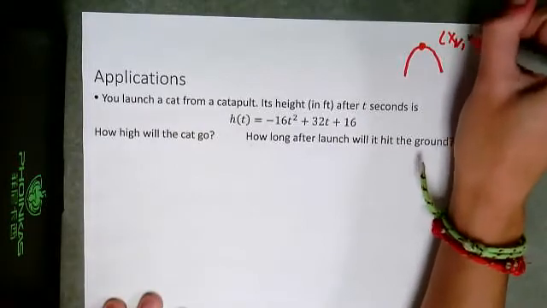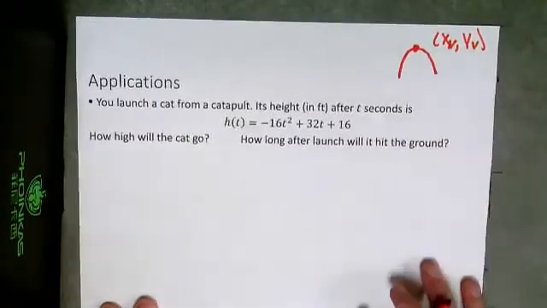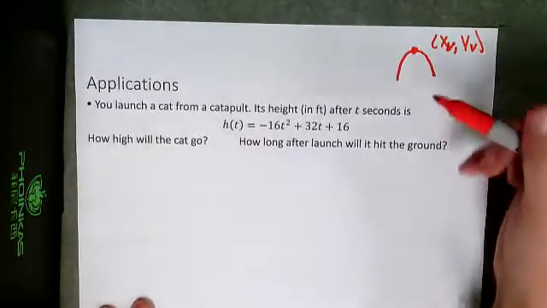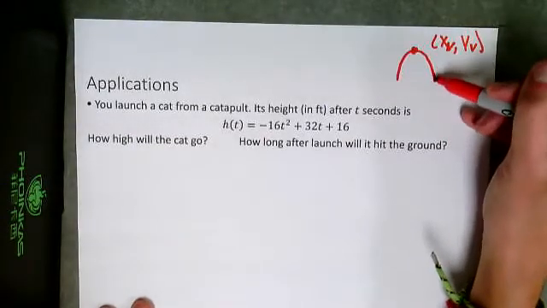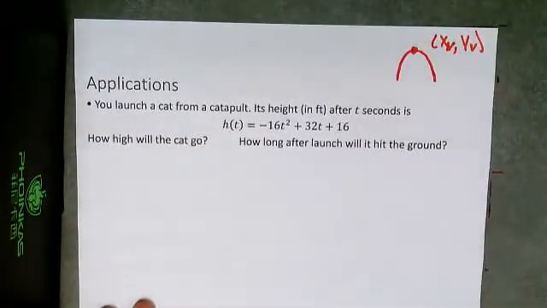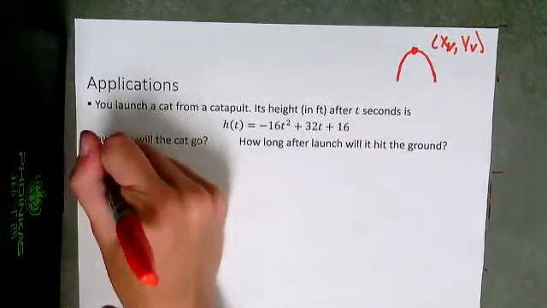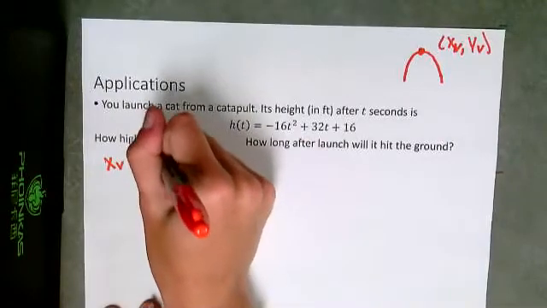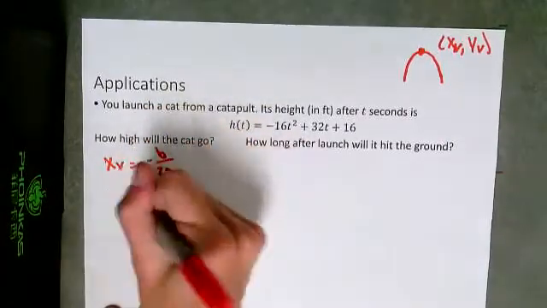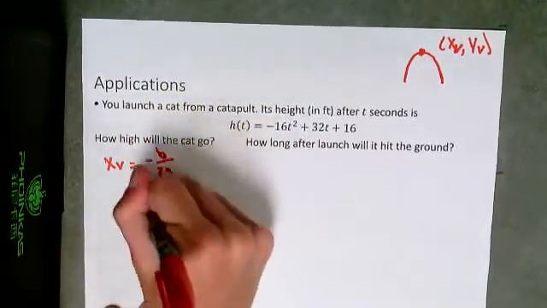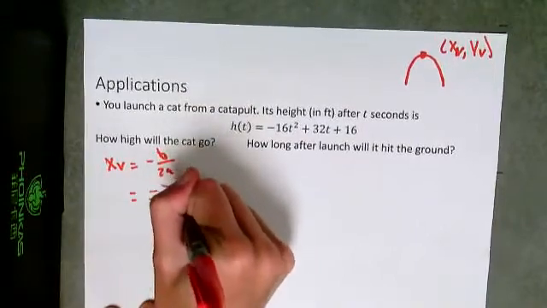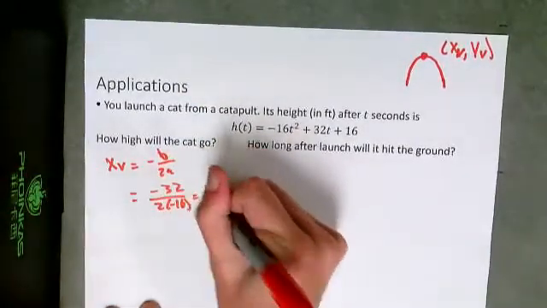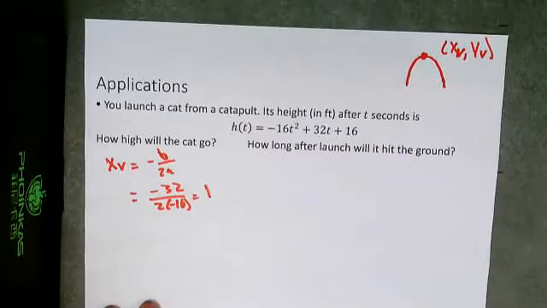As you can see from up here, the parabola is facing down like this, so the highest point is going to be the vertex. So let's find the vertex. xv is equal to, again, negative b over 2a. This is going to be negative 32 over 2 times negative 16. The negatives cancel out, 2 times 16 is 32, and we get 1.